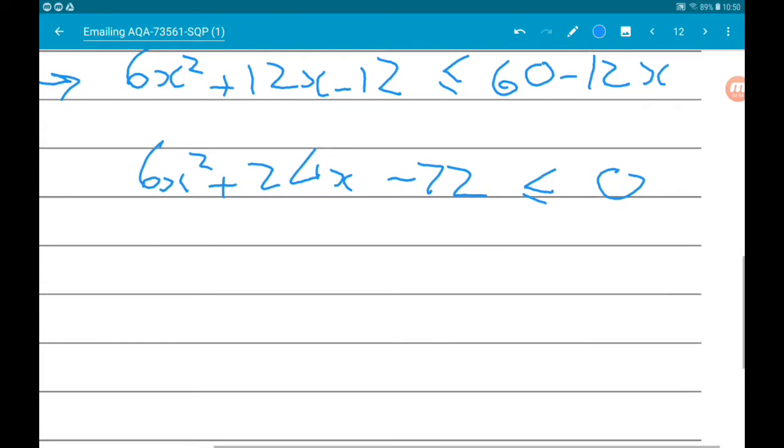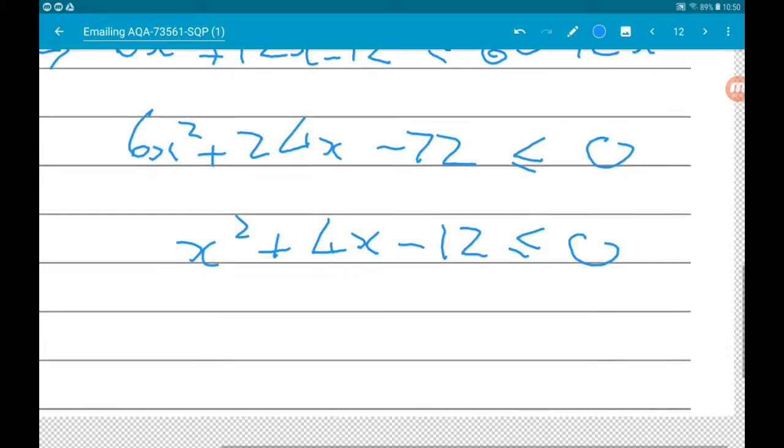Now from here, we have a common factor of 6, so we've got x squared add 4x minus 12 is less than or equal to 0.